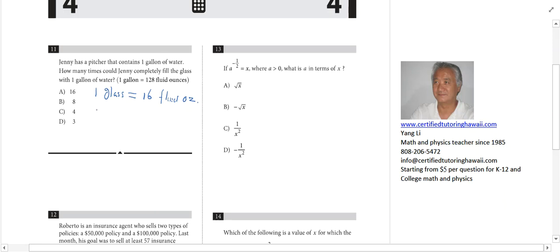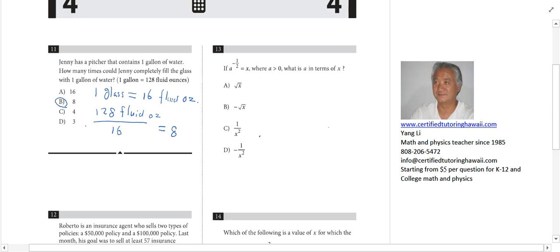So right now you have 1 gallon of water, which is equivalent to 128 fluid ounces, right? And each glass takes 16 fluid ounces. So you can fill the glasses how many times? You have to use 128 divided by 16. So you will get 8 here. So the answer here must be B.